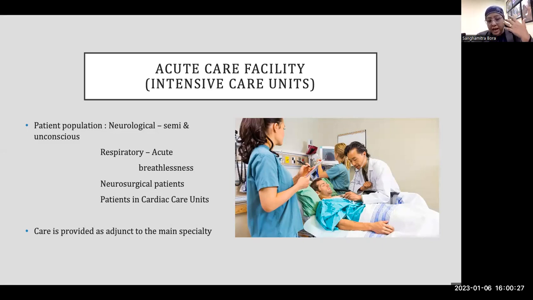So palliative care can also be delivered very effectively, but in adjunct to the primary consultant, who might be a neurologist or a neurosurgeon or a cardiac care surgeon or a cardiologist. Okay. So these facilities we have right now in a very premature stage, I should say, because even intensive care unit people do not want palliative care to come into their ICUs. Okay, that's the truth.